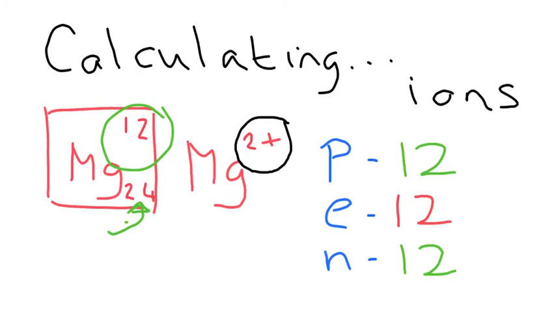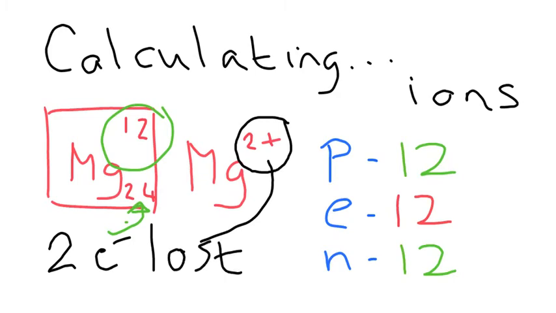Because magnesium forms a +2, that tells me that 2 electrons have been lost. If we started with 12 electrons and 2 electrons have been lost, an Mg2+ ion only has 10 electrons left.